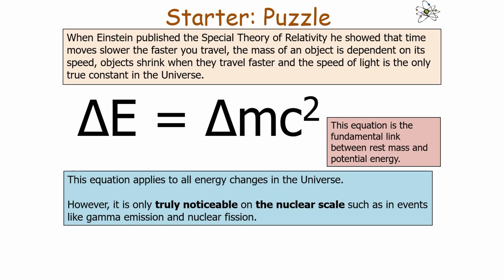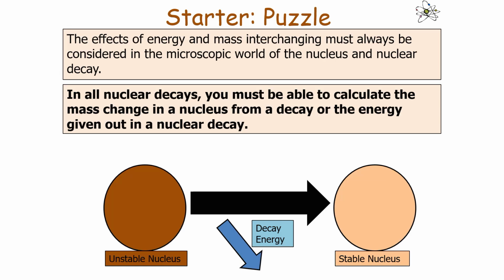Now this equation applies to all energy changes in the universe. However, it's only truly noticeable on the nuclear scale when we look at events such as gamma emission and nuclear fission. So the effect of this energy and mass interchanging must always be considered in the microscopic world of the nucleus and in nuclear decays.